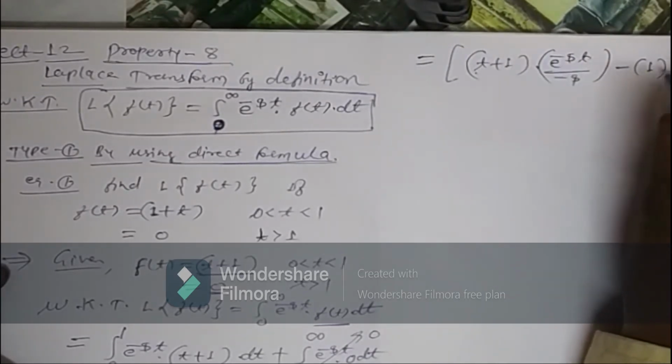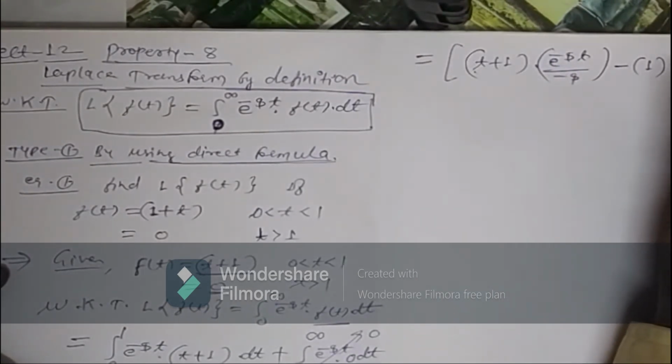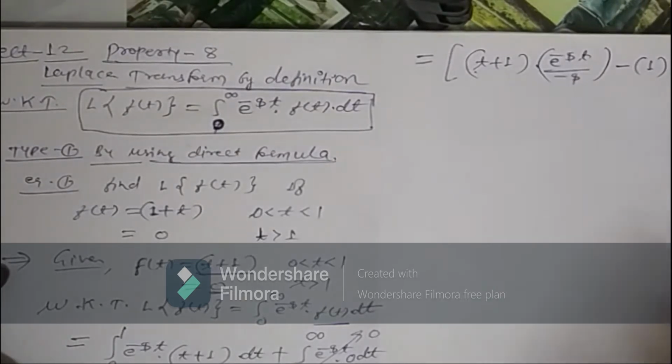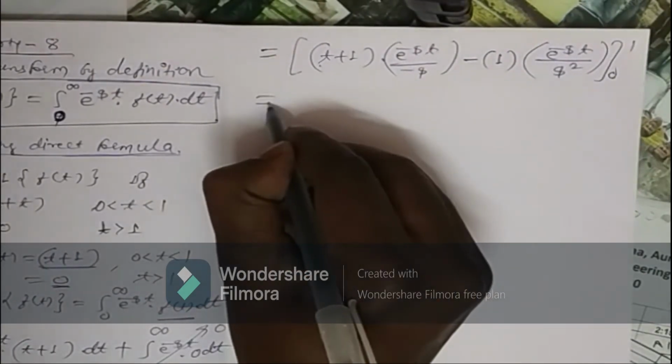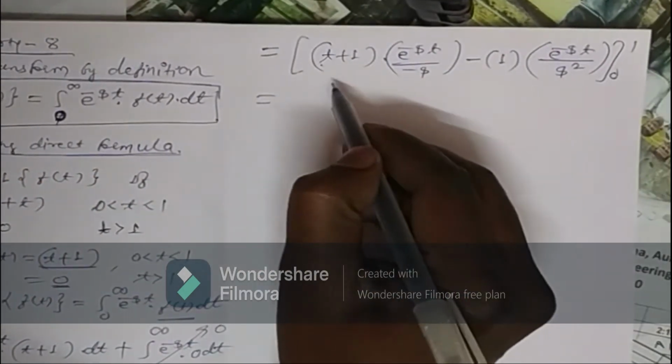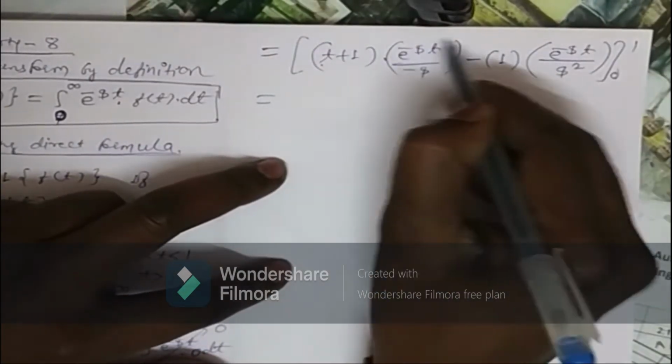So derivative of this is 1, into again integration of this, so e raised to minus st upon minus s, and already minus s, minus minus plus s square. Limit from 0 to 1. Okay, now that is equal to, now solve this. So if you simplify this, what we get? If you put the upper limit in place of t, what we get here?